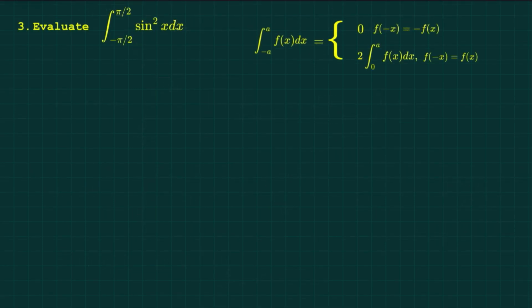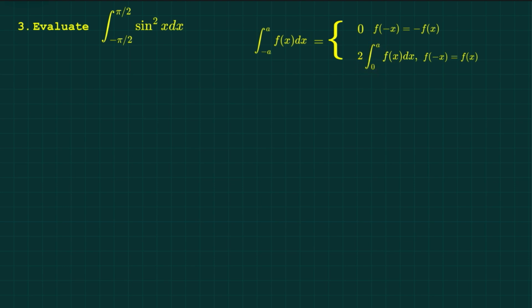Question number 3. Evaluate integration from minus pi over 2 to pi over 2 sin square x dx. So here, if you notice, the integral is from minus a to a. In this type of integral, the value will be either 0 or 2 times integration from 0 to a f of x dx.